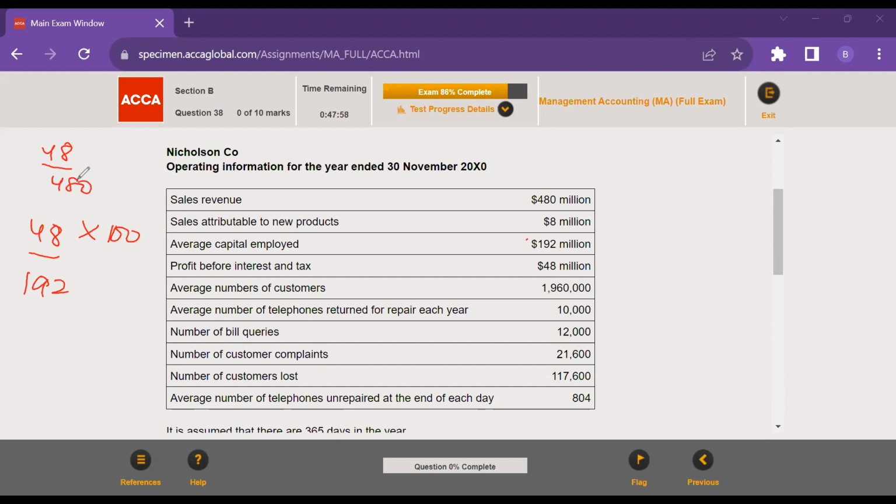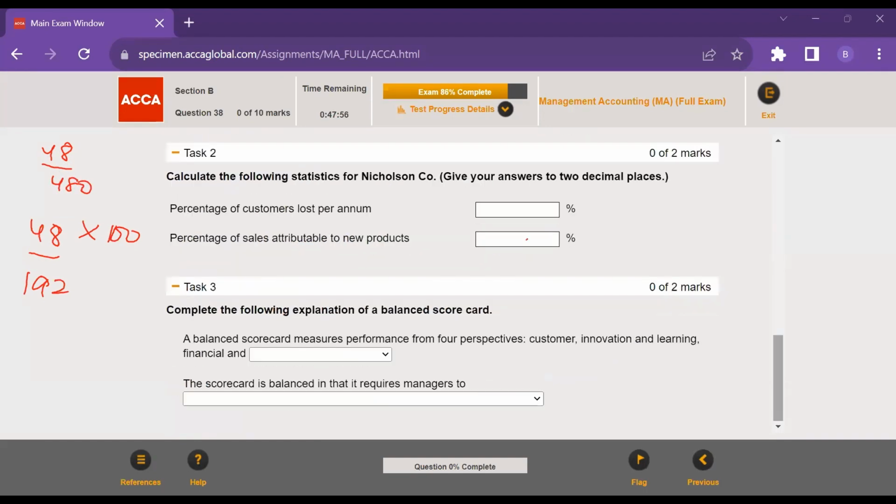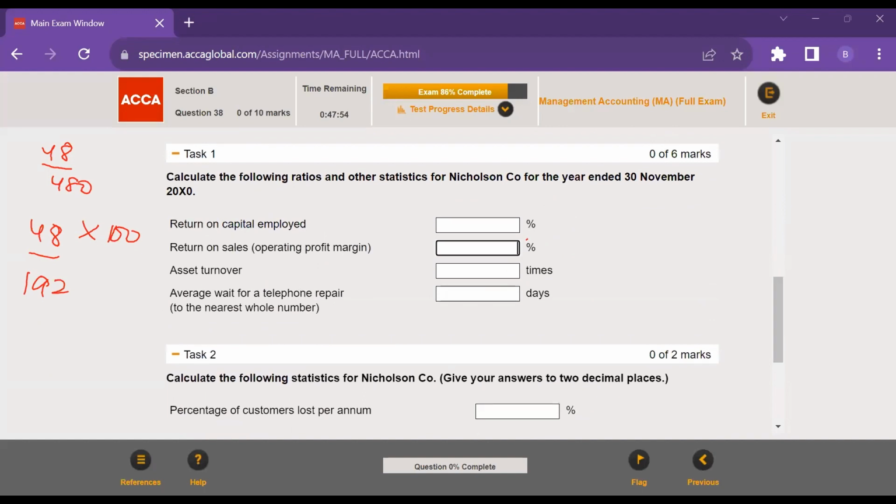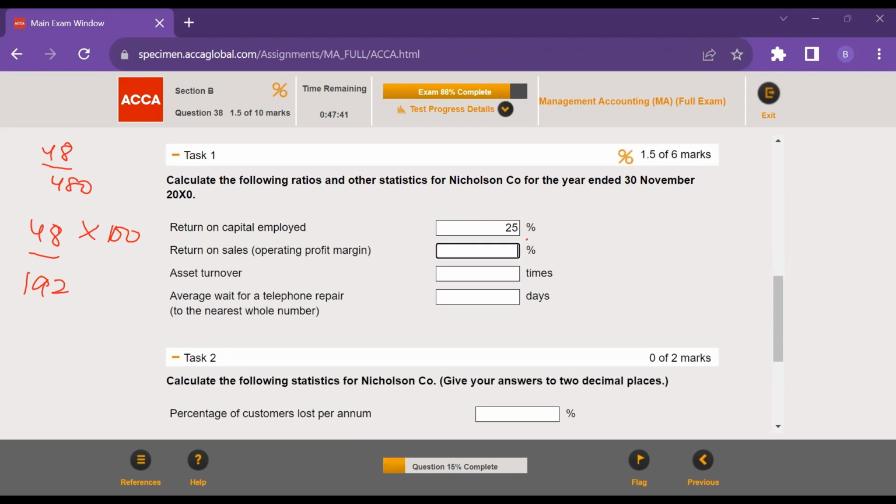So this will come out to be 10%. Again got erased. Okay, so this is 25. And this we had just found out as 10%. So I will enter 10 over here.